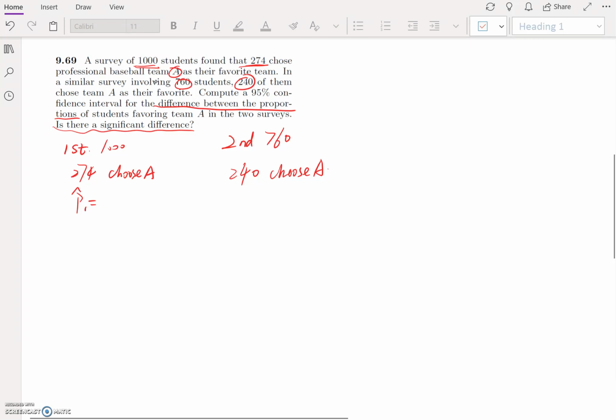First we get P1 hat, which is 0.274. Then P2 hat is 240 over 760. This equals 0.3158.